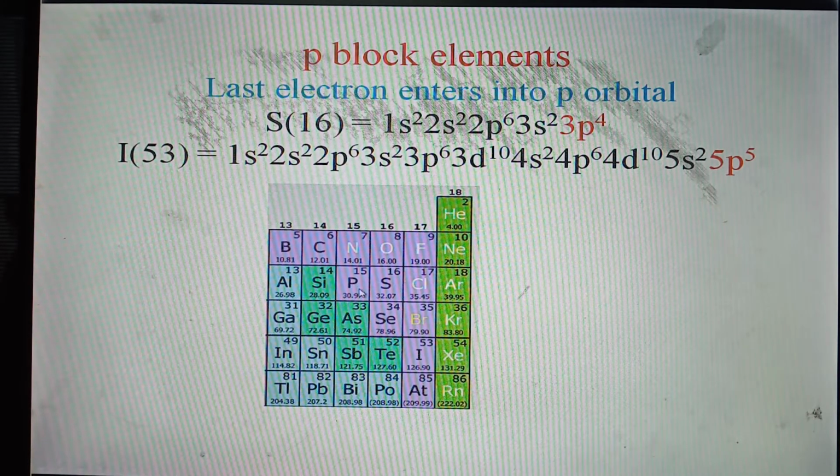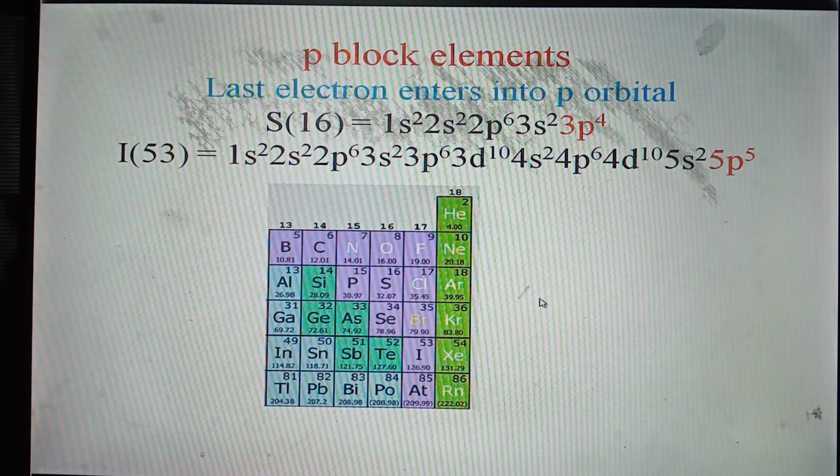Let us find this element in this area. It is sulfur. Similarly, iodine: the last electron enters into the 5p orbital, so it is also a p block element. There is iodine. There are 6 groups, from group 13 to 18, in the p block area.